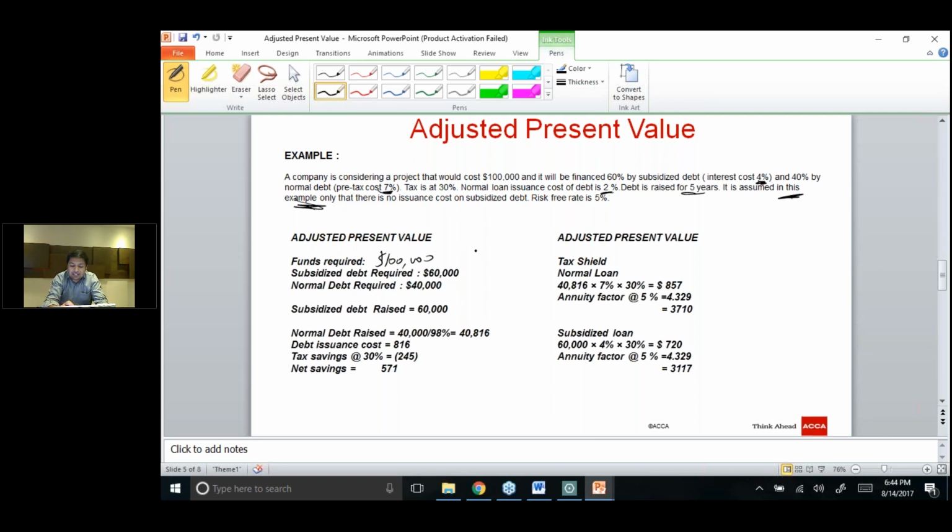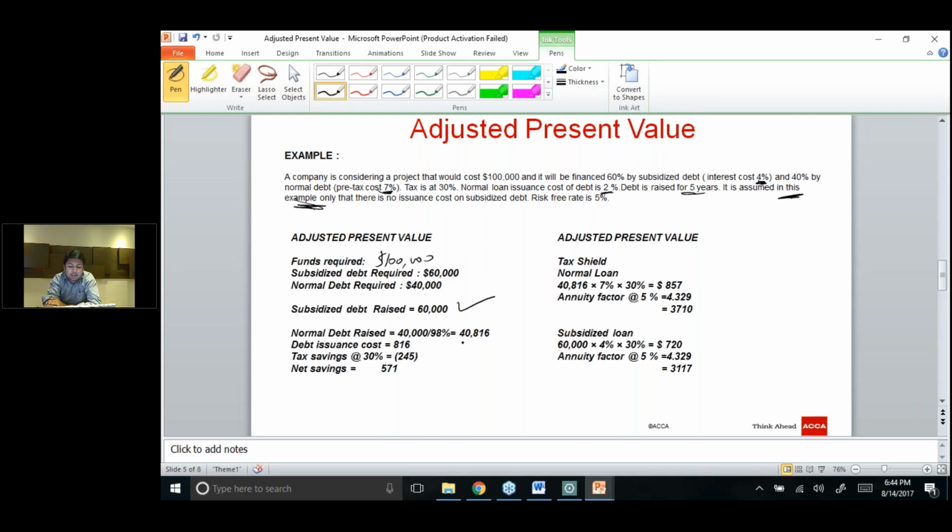Subsidized debt required is $60,000, as we know from this question. Normal debt is required for $40,000. Subsidized debt raised is equal to $60,000 because there is no issuance cost on it. Normal debt raised, we are going to take the gross up assumption.